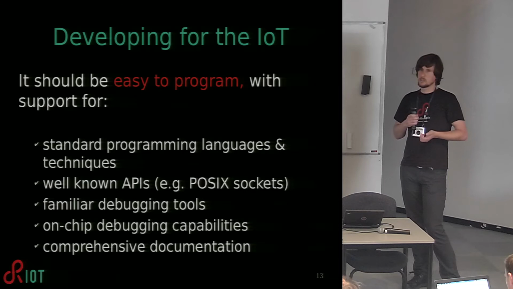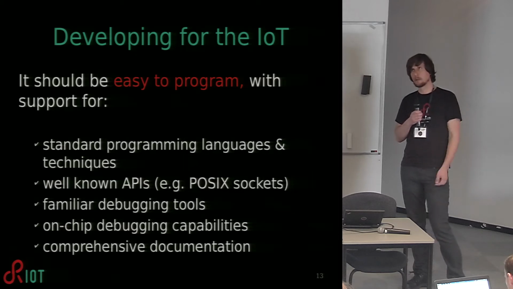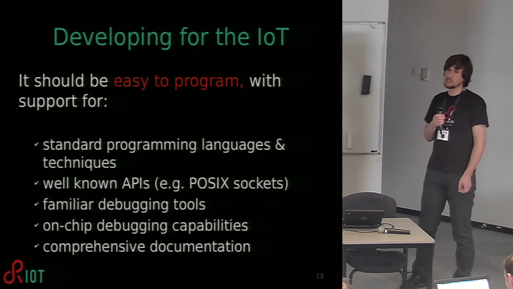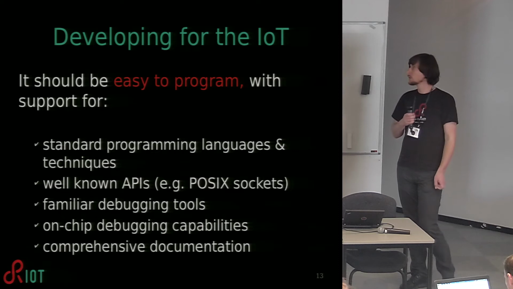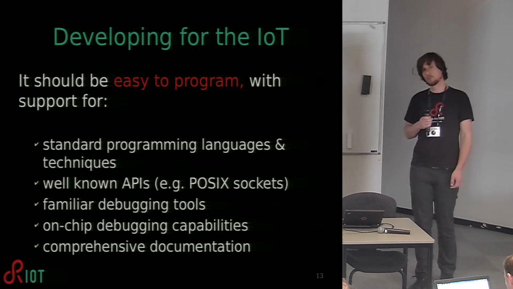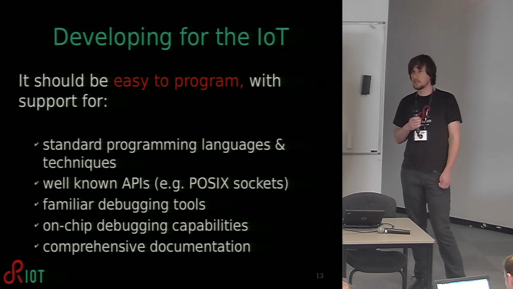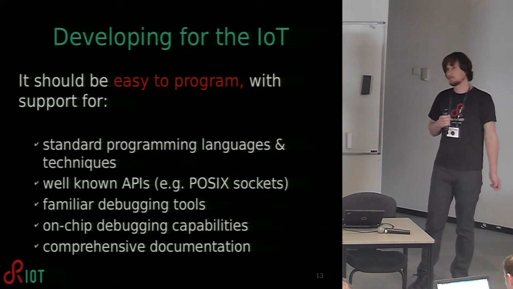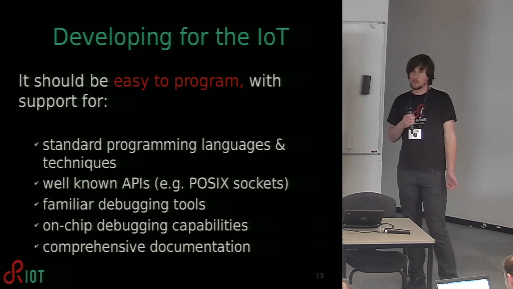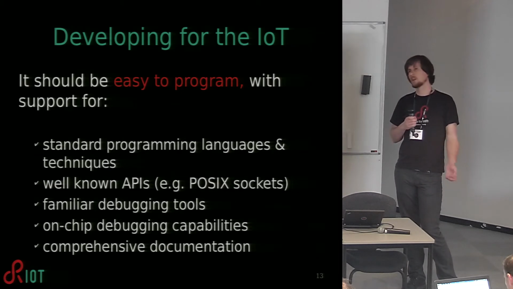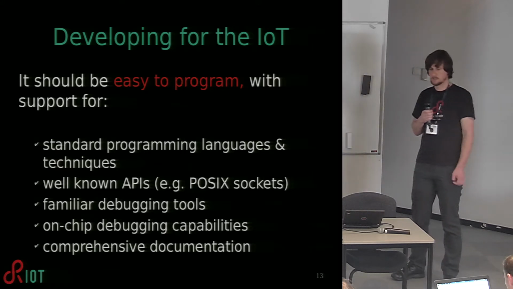If he knows how to program a regular PC, he should be capable of starting an IoT application right away, just by using standard programming languages and standard programming techniques, as you know them from Linux programming. That also means that we need standard APIs like POSIX. POSIX sockets are a pretty nice way to implement network protocols, so why not just use them again for IoT devices?